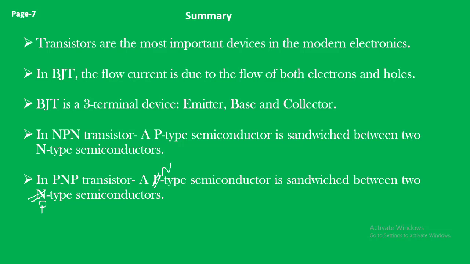Okay, so this is a copy paste error. So PNP transistor, an N-type semiconductor is sandwiched between two P-type semiconductors, and NPN transistor, a P-type semiconductor is sandwiched between two N-type semiconductors. So that's the overview of transistor.